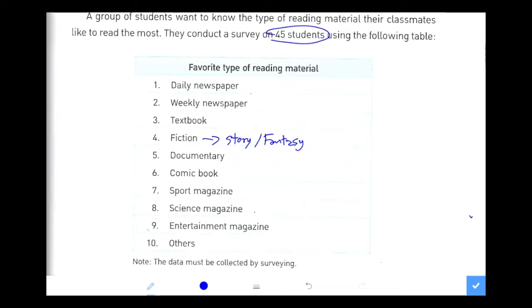Okay. Next one, documentary. Documentary is something like wildlife, animal activities. People just go to take pictures, to record videos of the lion, of the crocodiles.